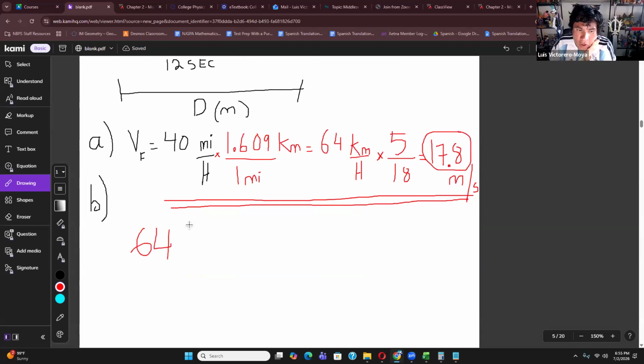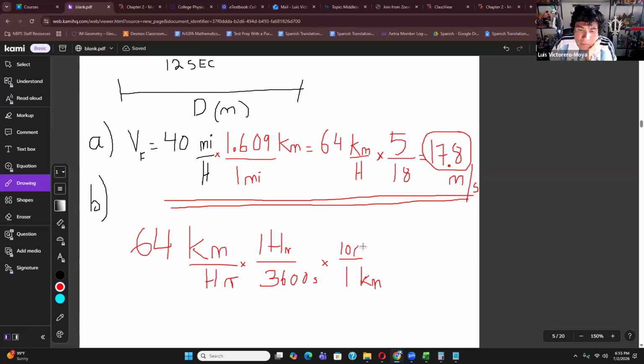When you do 64 kilometers per hour, 1 hour is 3,600 seconds, and 1 kilometer is 1,000 meters.